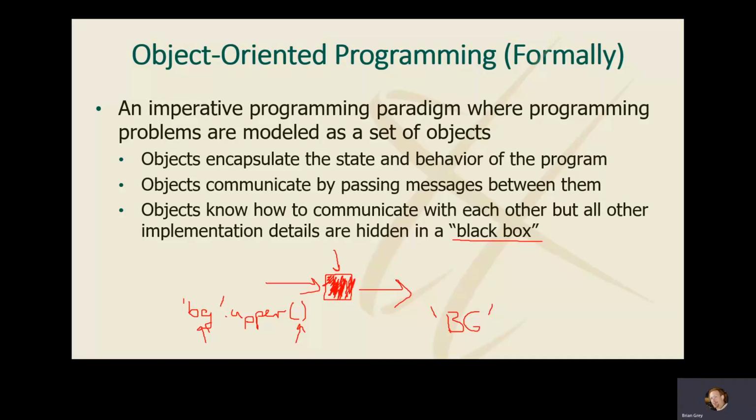And if so, let's do some quick math and translate it to the uppercase version of that Latin letter. But we don't actually know, and we don't need to. All we need to know is this comes in and this comes out.